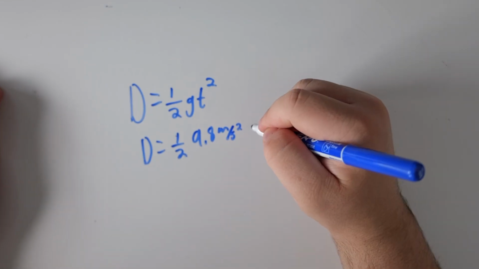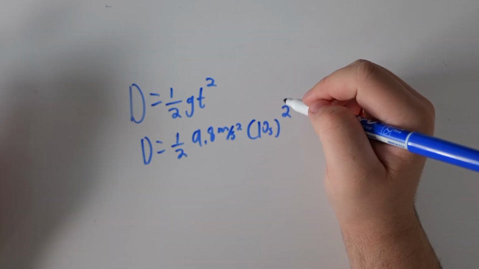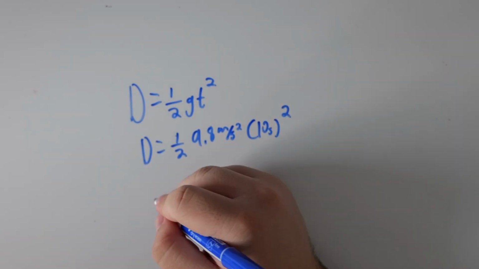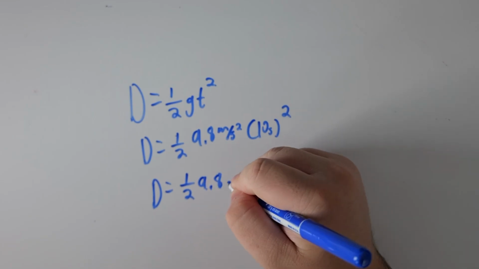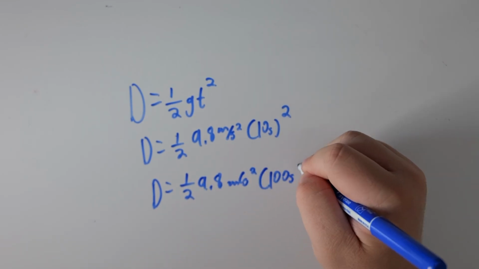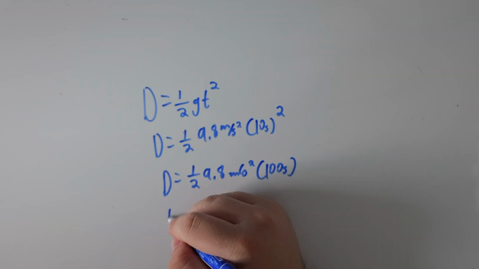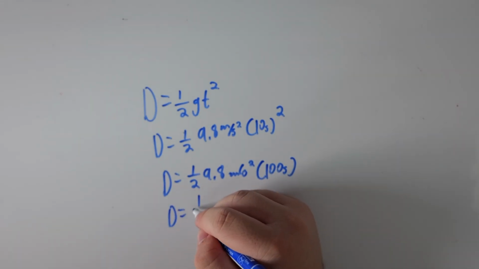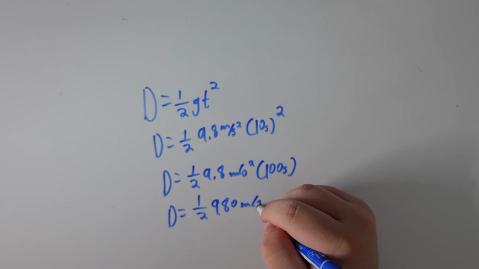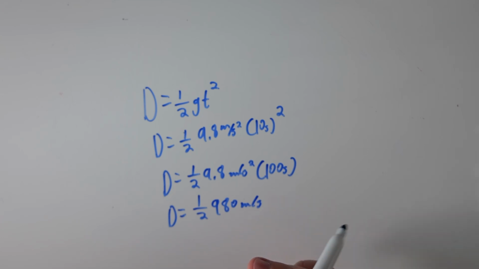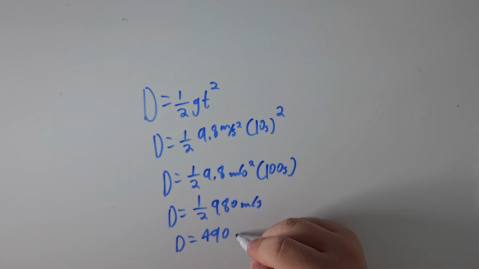So with this example, I would square the time as it was falling, multiply it by 9.8 meters per second squared, and then half the total, and I would get 490 meters.